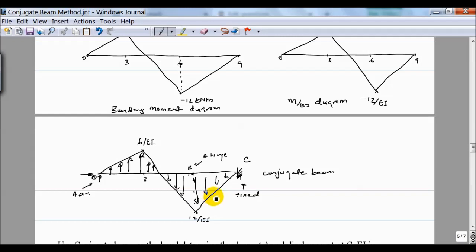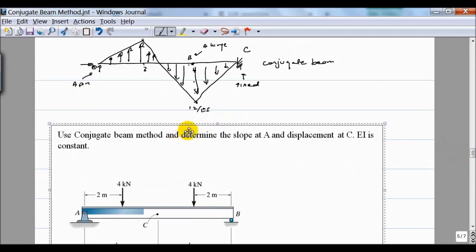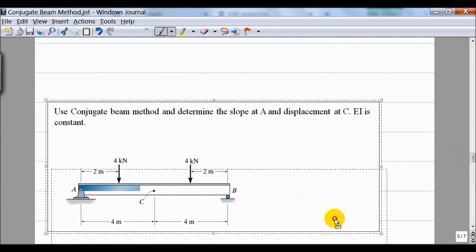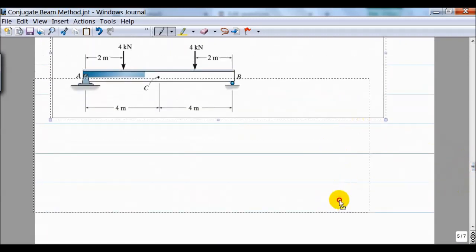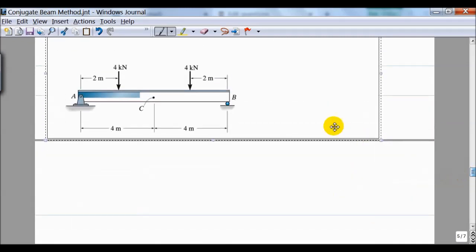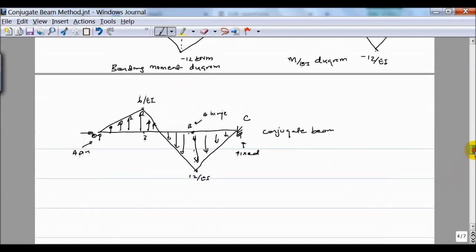Okay, so let's do that one. I'm going to shift this question a little bit down because I need more space to solve this problem, because this is the second problem we are going to look at. So now let me move this. Okay, that's good.